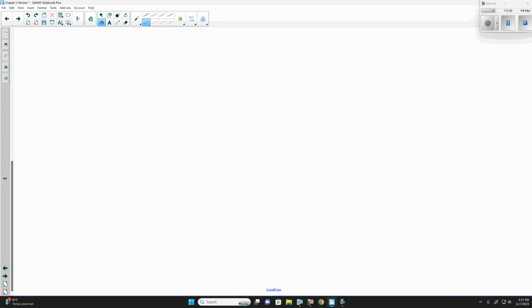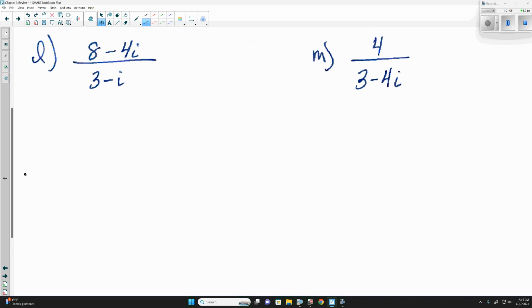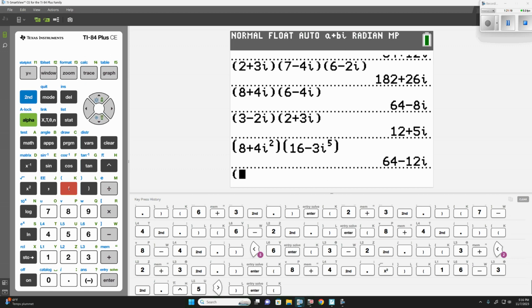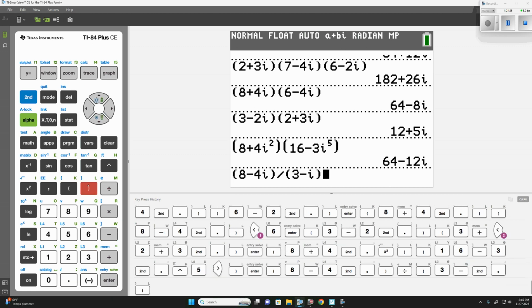L and M, I'm not going to go through the process of solving these by hand. To type them into the calculator, we rewrite it. We're going to type it in as division. 8 minus 4i in parentheses divided by 3 minus i. You do need the parentheses. Close parentheses.